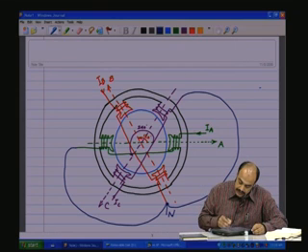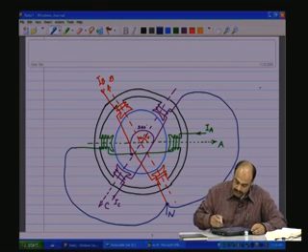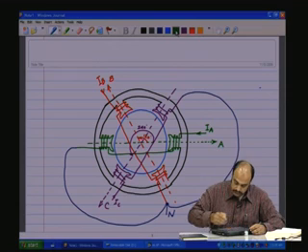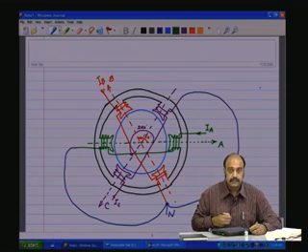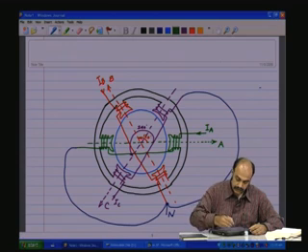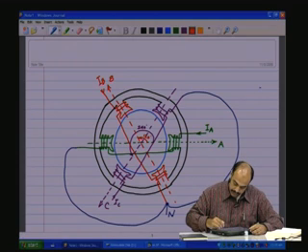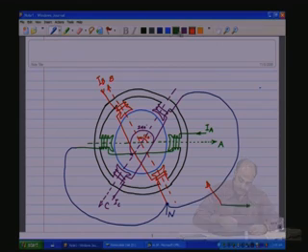So as the current flows here, we have a phase flux in this direction, we have a B phase flux in this direction, and we have a C phase flux in this direction, with the amplitudes changing according to the instants of time.